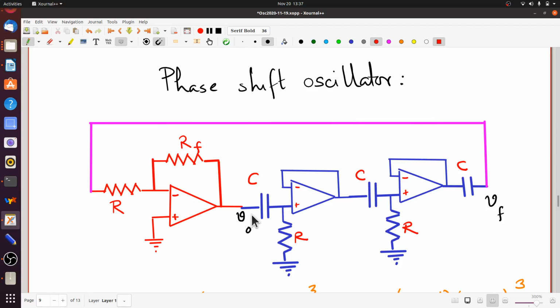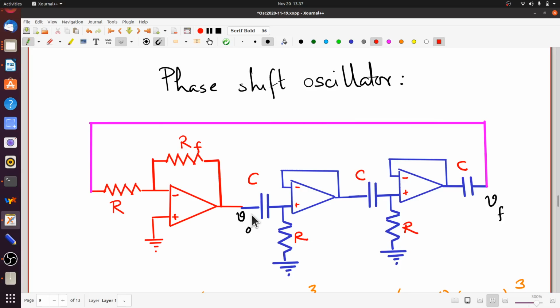Now you can easily convince yourselves that one CR will simply not be enough, simply because the phase shift which is induced by a single CR is less than 90 degrees. You need to actually overcome the 180 degree phase shift. So even 2 will not be enough, because 2 will produce a net phase shift which is again less than 180 degrees. So you need at least 3 CR networks.